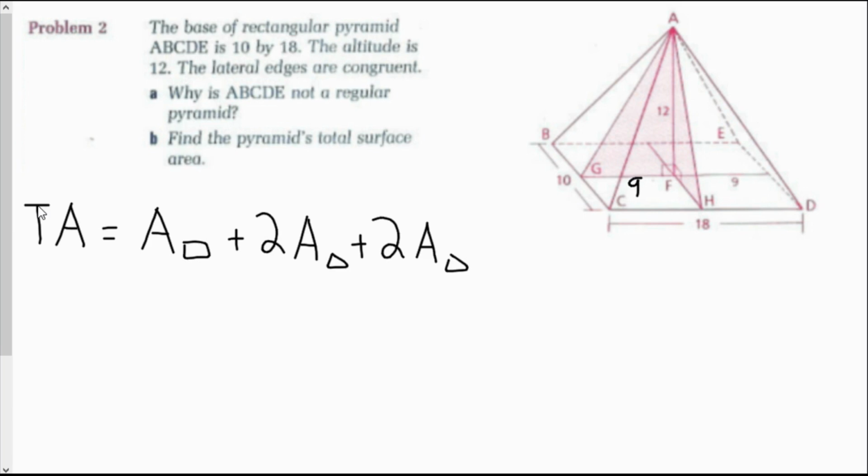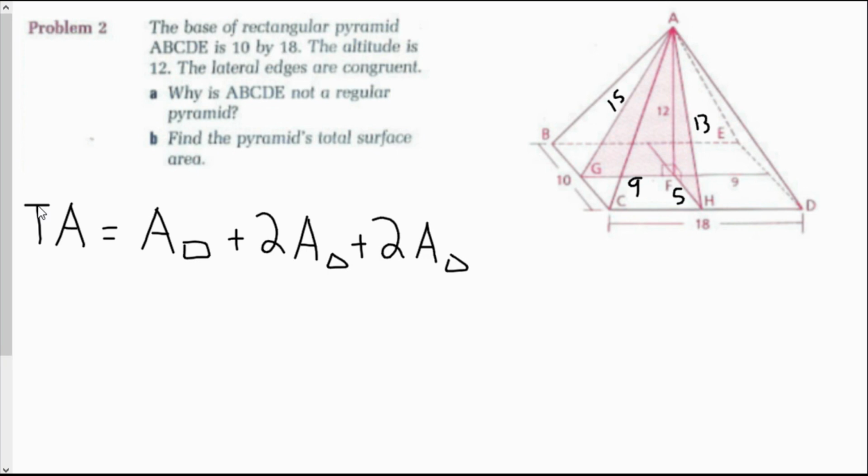That means it has a slant height of 15 because 9, 12, 15 is a Pythagorean triple. Now, if I look at my slant height of AH, it has an altitude of 12 and it has a length of FH of 5. So AH would be a length of 13 because again, that's another Pythagorean triple, 5, 12, and 13.